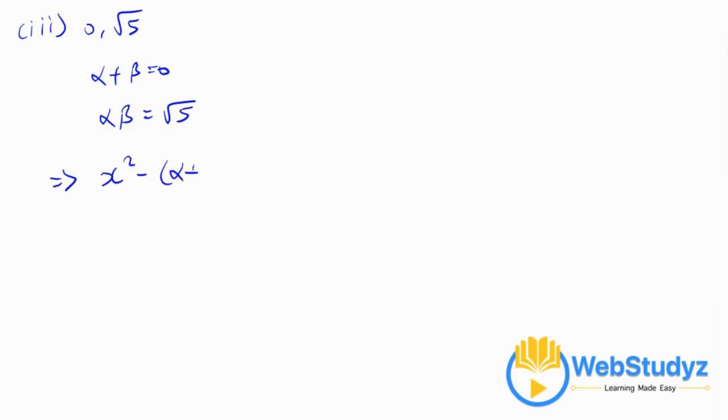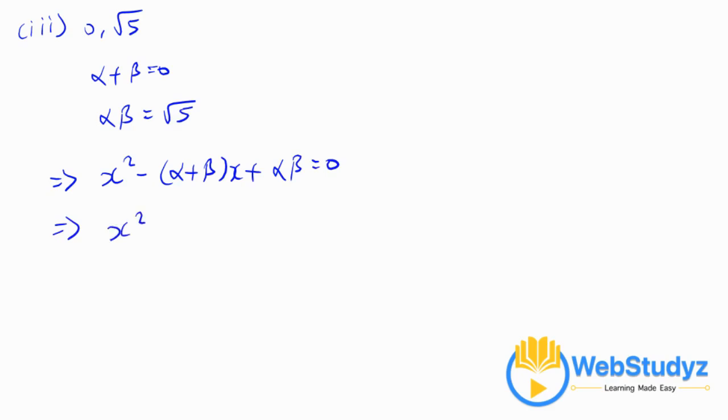Move on to the third one, that is sum of zeros as 0 and product of zeros as root 5. So alpha plus beta will be 0 and alpha beta will be root 5. The quadratic equation will be x square minus (alpha plus beta) into x plus alpha beta equals 0.